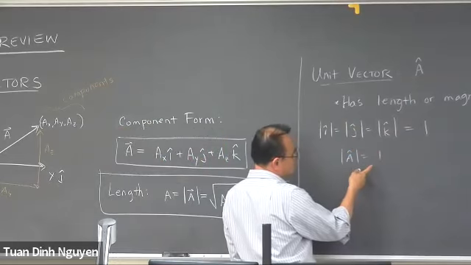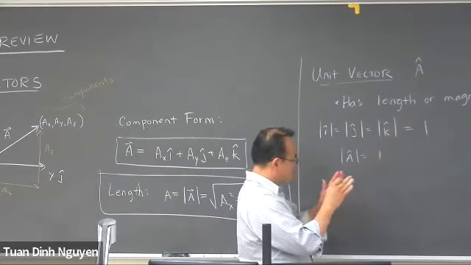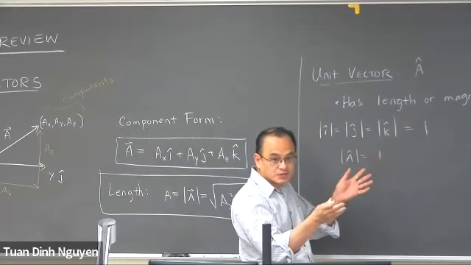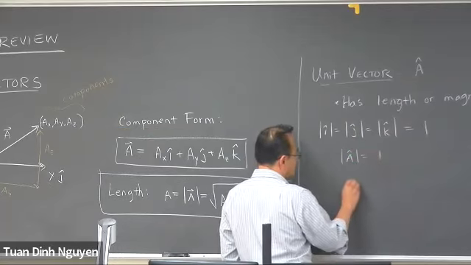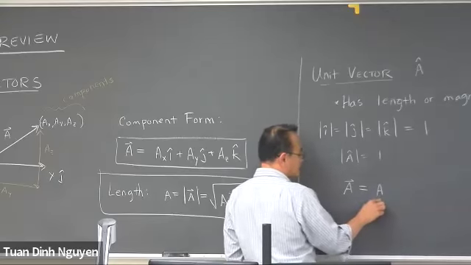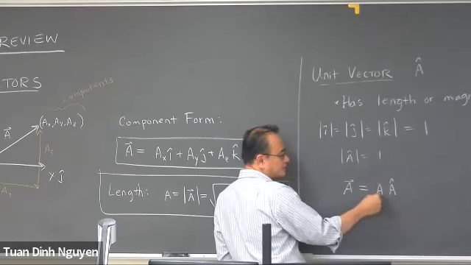So why is it important? Because it only tells you the direction. You always know that the length is 1. So a regular vector can be written as its length times its direction. You kind of separate it out. Here's the length.